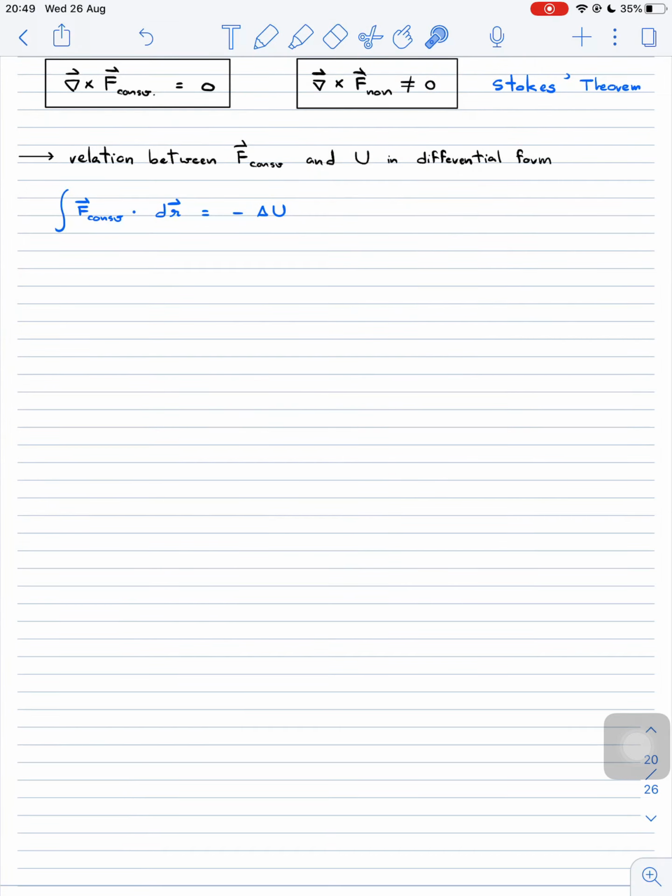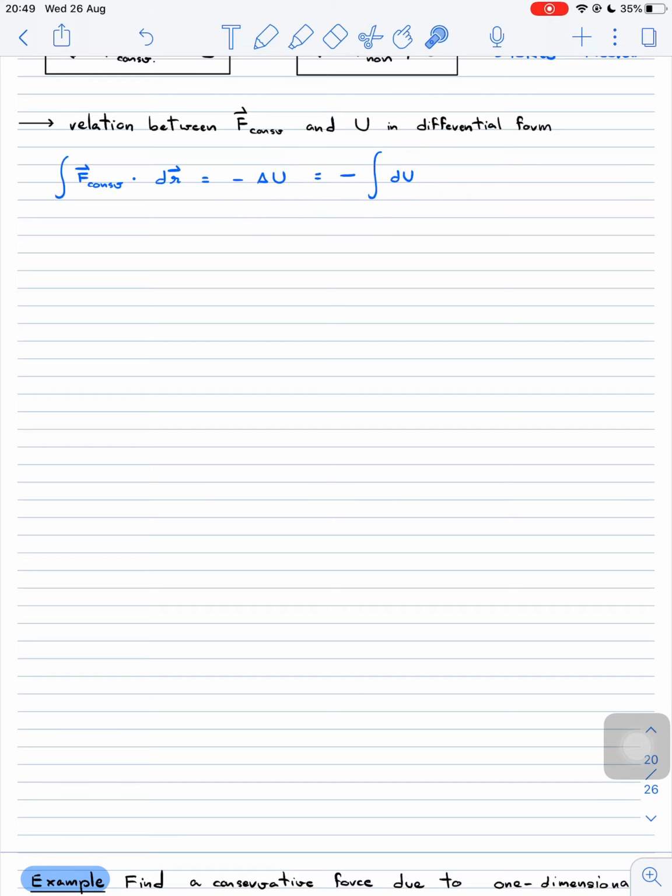So we say that the integral of the conservative force dot product with dr equals the negative of delta u. On the right hand side, we just write it as minus the integral of du, because the integral of du is just delta u.